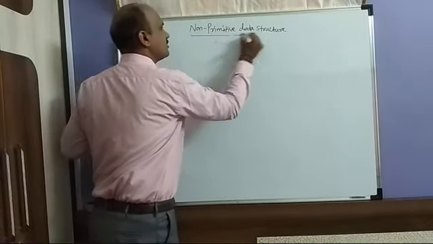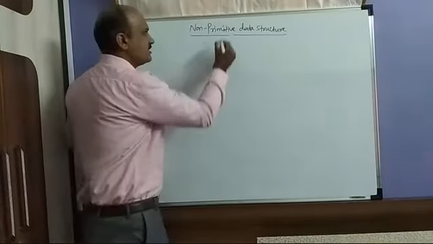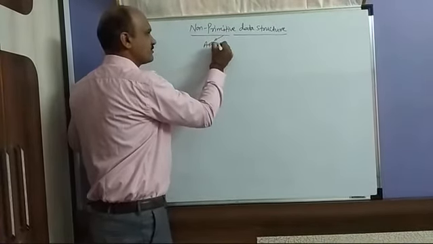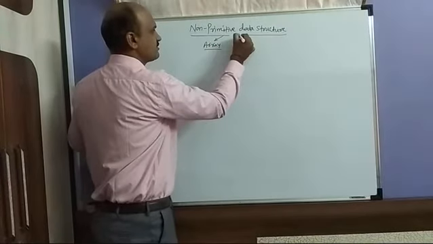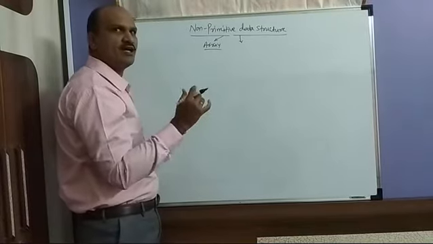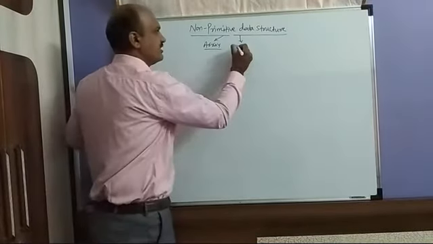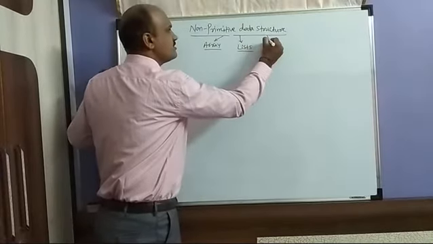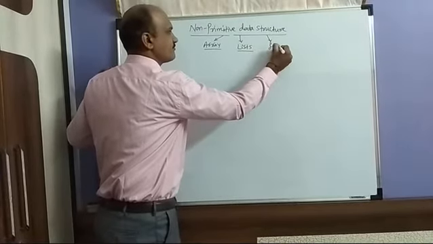So the non-primitive data structure is divided as: one is arrays. Second one is lists, which are linear and non-linear. Third one is files.